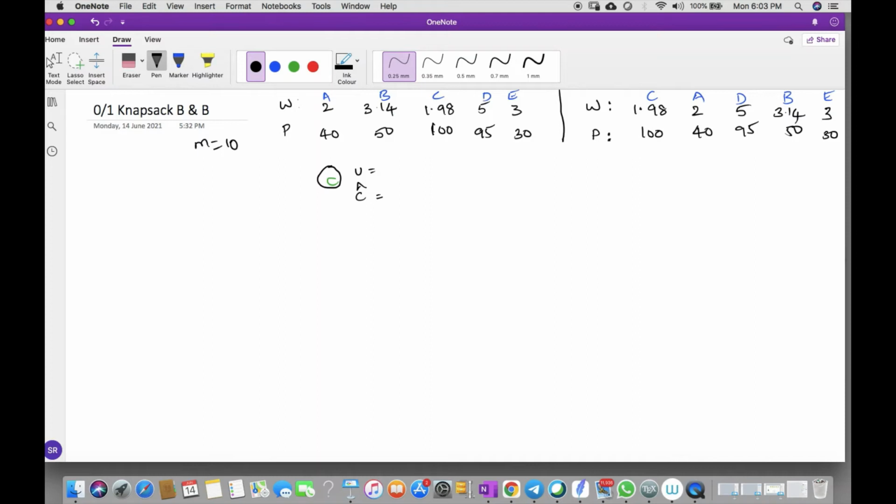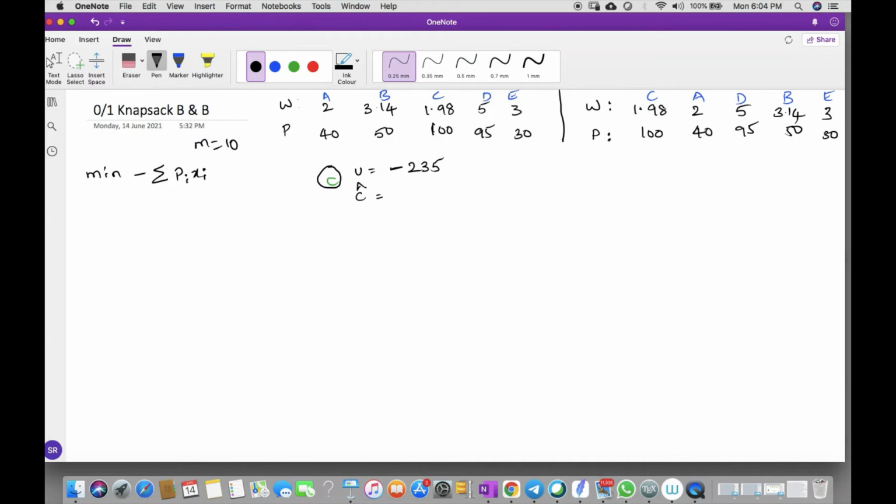Since our problem is a minimization problem, which is a sum of negative of PiXi, we represent everything in the form of a negative. So we have 100 plus 40 plus 95, which is 235. So we get minus 235 because of Pi into Xi with a negative sign.